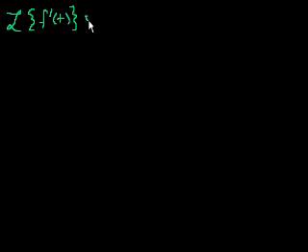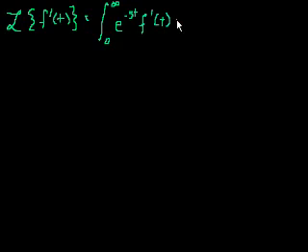First of all, this is equal to the integral from 0 to infinity of e to the minus st times f prime of t dt. And to solve this, we're going to use integration by parts. Let me write it in the corner just so we remember what it is. I think I memorized it because I recorded that last video not too long ago.